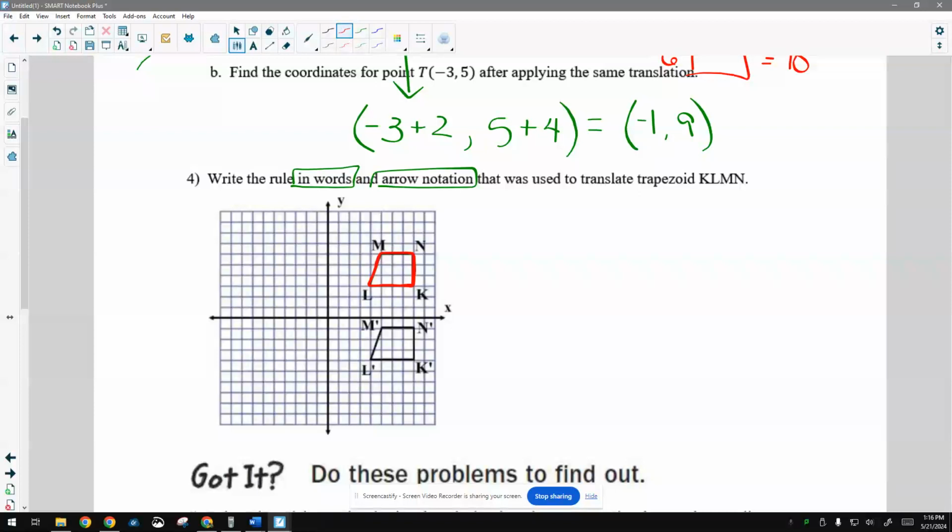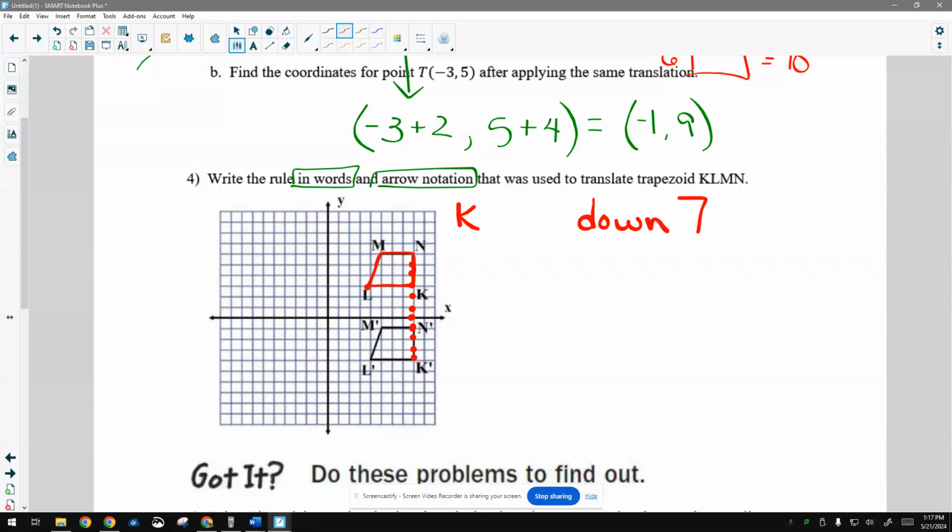All right. So in words, let's talk about what happened to point K. It went down how many? 7. Down 7. Is that true for every point? Yes. N went down 7. M went down 7.